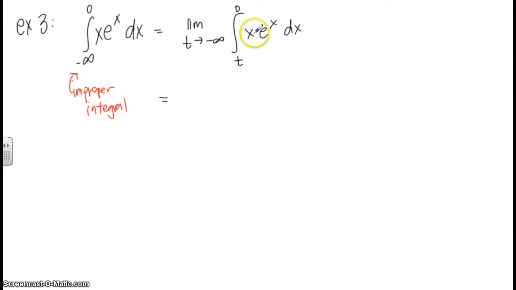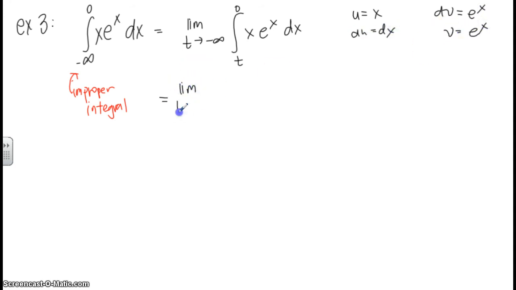What we have to do is, if it's x e to the x, we're just going to integrate this like we normally would any other integral, which means we do have to use a u sub. Well, it looks like this is an integration by parts. So u is equal to x, dv is equal to e to the x, du is equal to dx, and v is equal to e to the x.